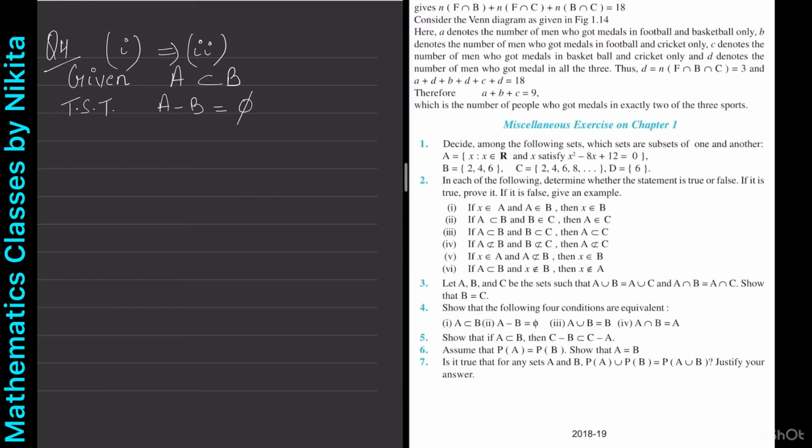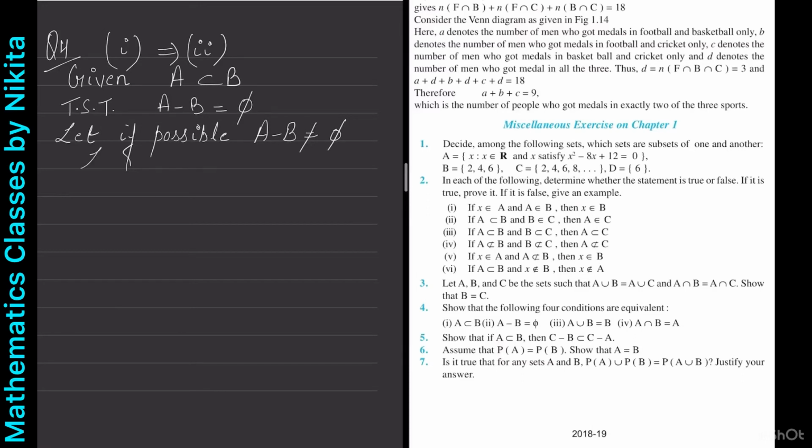So let's prove this. Let, if possible, A minus B be non-empty. So we will start with a contradiction. If A minus B is non-empty, then there will be some element in it.